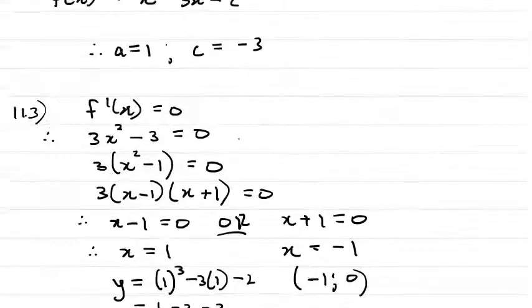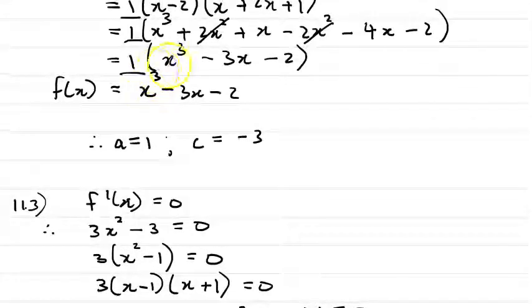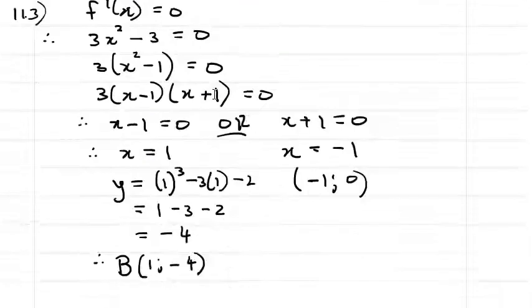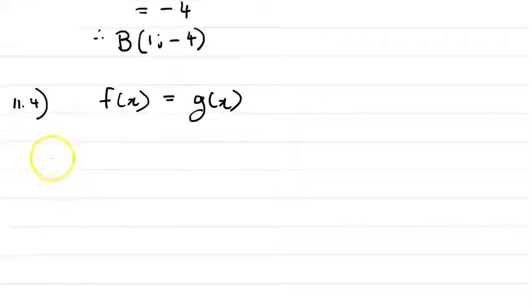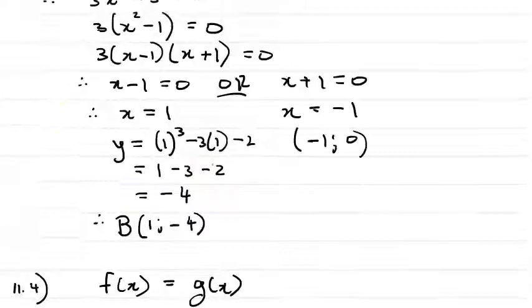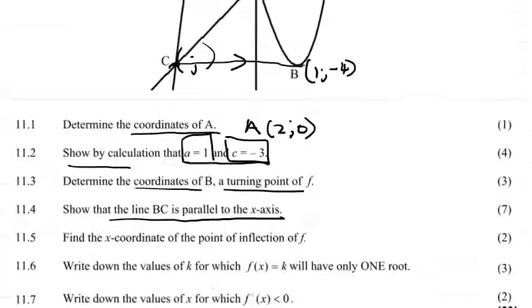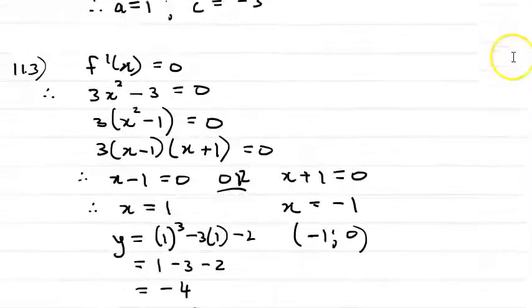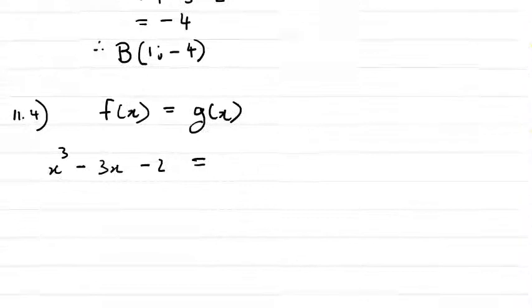Now we already know the function for f of x, and f of x is equal to x cubed minus 3x minus 2. And g of x, that function was given to us, and it's here, x minus 2.